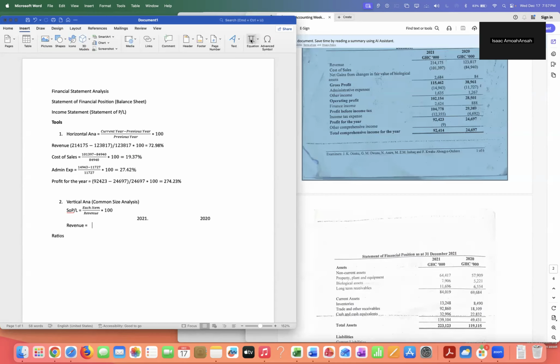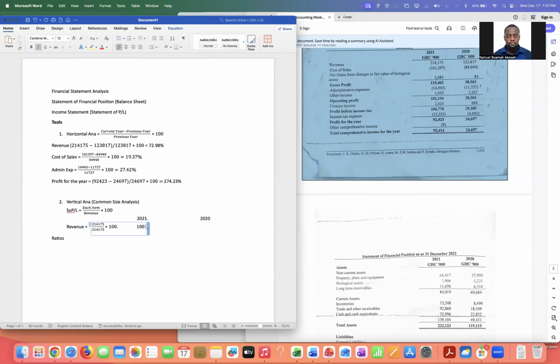Let me put it up here. 214,175 by 214,175 times 100. Is that not so? So what are we generating for 2021? 100%. Is that okay?